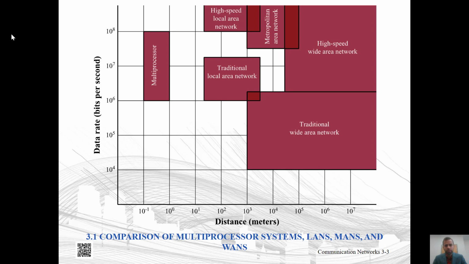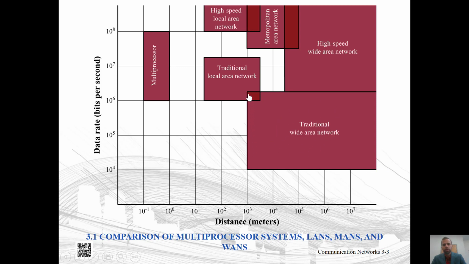Okay, so this chart is nice in the sense that it shows you the data rate in bits per second versus the distance in meters that one of these given networks would cover. So it's really the coverage area and the data rate that it can support. If you want to get a feel for traditional wide area networks, you can see these cover much larger distances, greater than say 1,000 meters and upward.